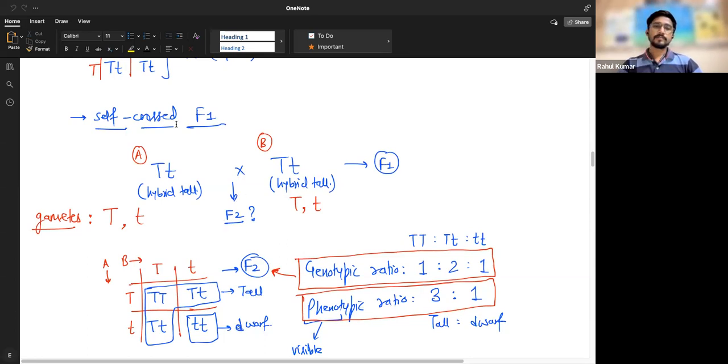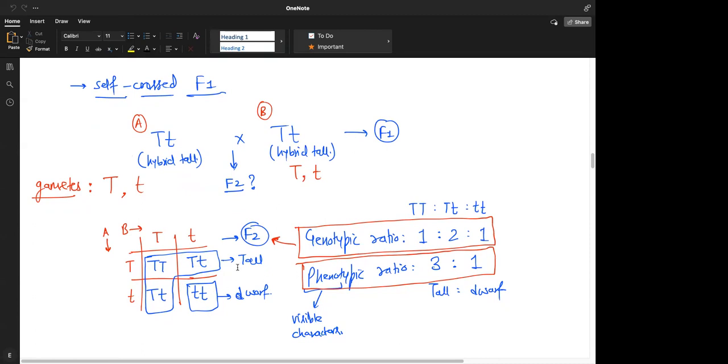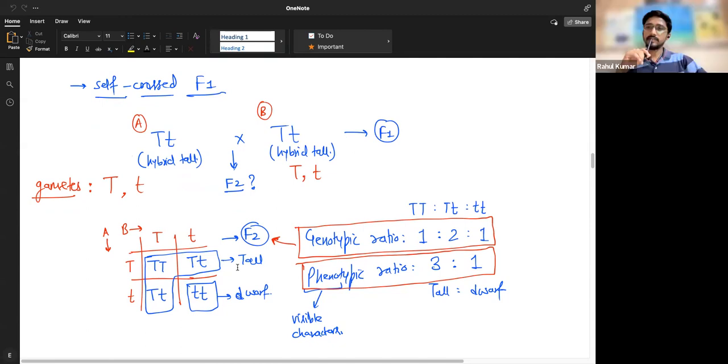Self-crossing the F1 progenies tells us that 3 out of the 4 progenies were tall and 1 was dwarf. So the phenotypic ratio was 3:1. And the genotypic ratio is 1:2:1.